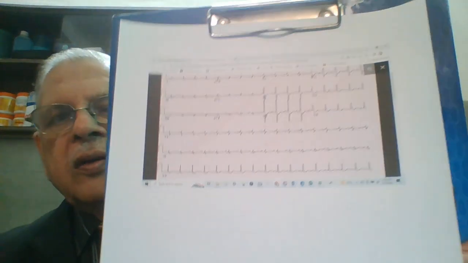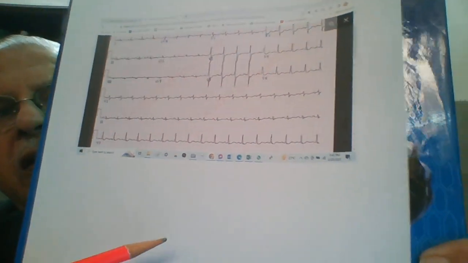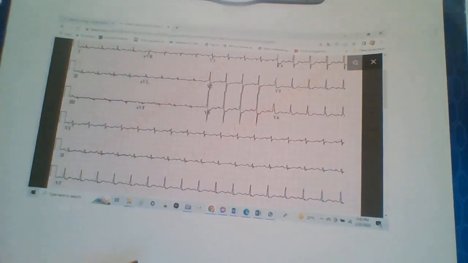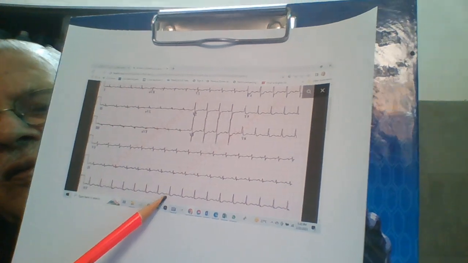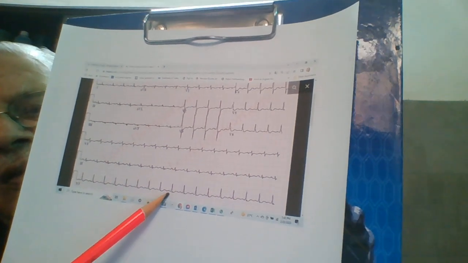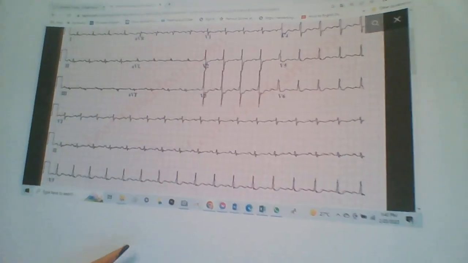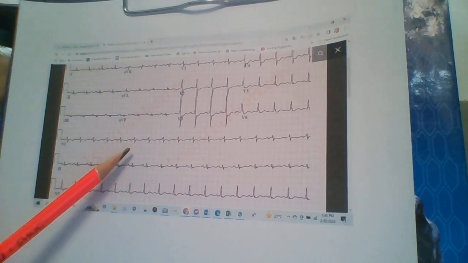Now see this diagram. This is a resting ECG showing changes. See what are the changes. In all leads there are changes in the ST segment, and somewhere there is a Q wave also.